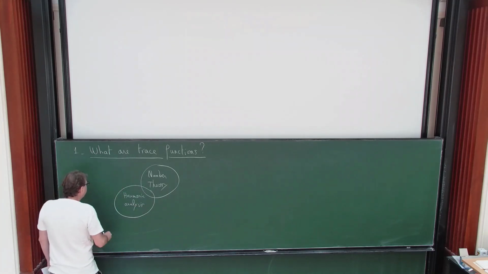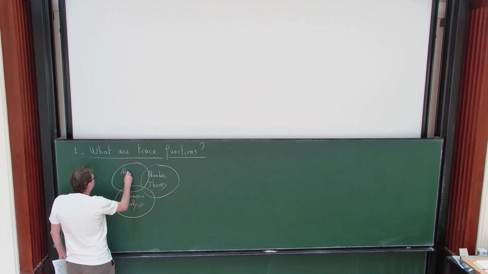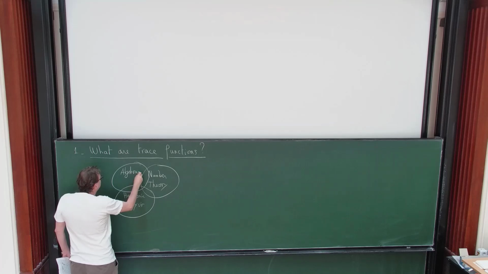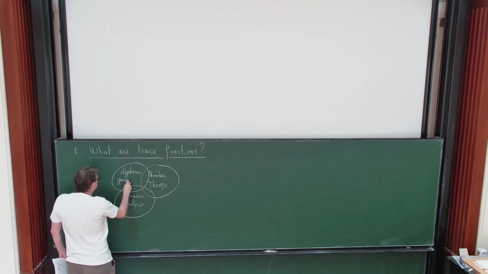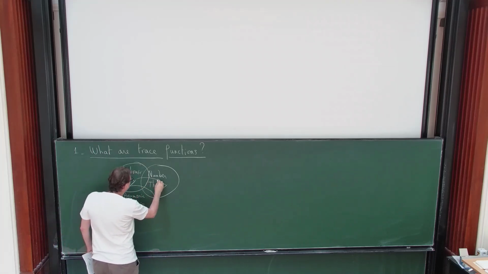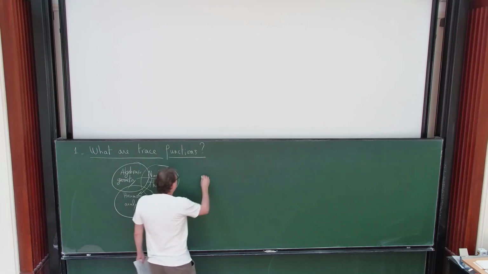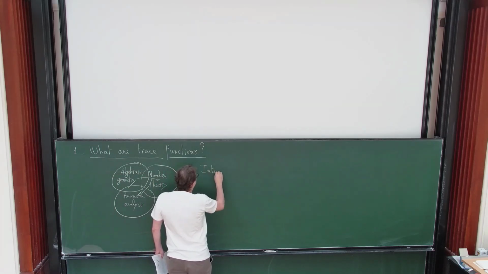And it turns out that there's one source of harmonic analysis that is extremely useful, that comes from a third area, which is algebraic geometry. So out of this, we get links with number theory, which turn out to be very closely related to harmonic analysis.